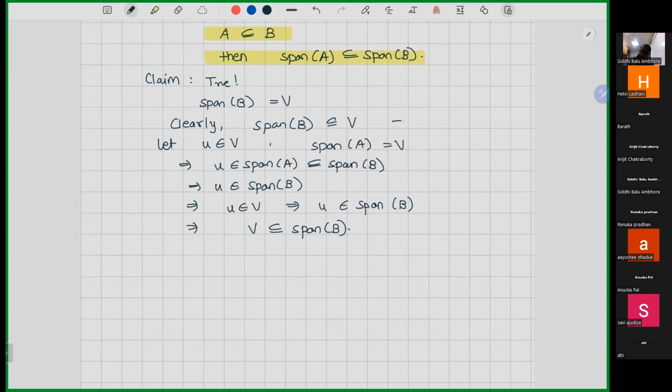So from this and this, we get that span of B is equal to the entire vector space.